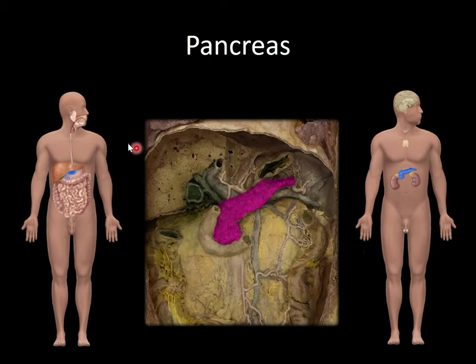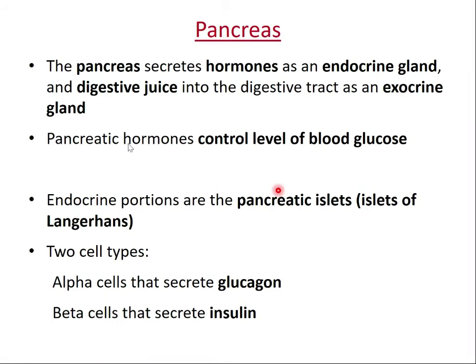So let's look at the pancreas. The pancreas is the organ in the body that we talked about having both an exocrine and endocrine function. For this lecture, we will focus on the endocrine function. When we talk about the pancreas in the digestive system, we will talk about their exocrine function.